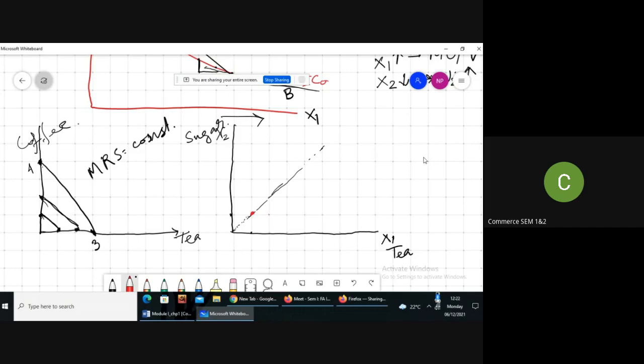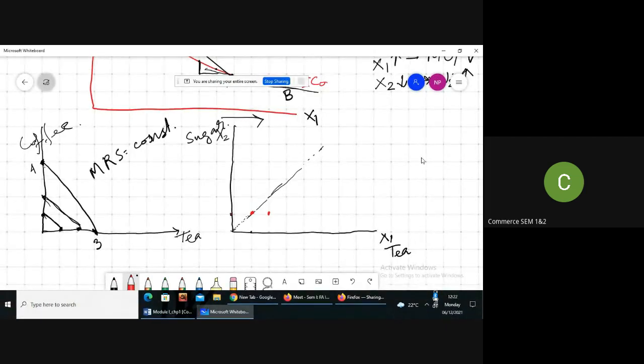Now if the consumer gets this point, here the consumer is getting 2 cups of tea, whereas only 1 spoon of sugar. So this extra 1 cup of tea is not useful for the consumer, because for this extra tea you do not have another spoon of sugar. So utility at this point will be exactly equal to utility at this point.